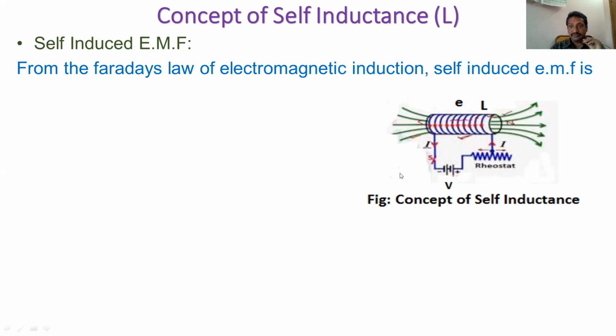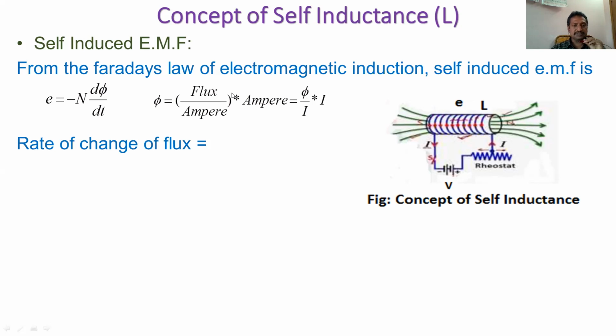From Faraday's law of electromagnetic induction, EMF is developed, as we already learned: e is equal to minus N into dφ by dt. Here this is the flux. This flux we can rewrite as flux per unit ampere multiplied by amperes, that is φ by I into I. So this flux will not change.